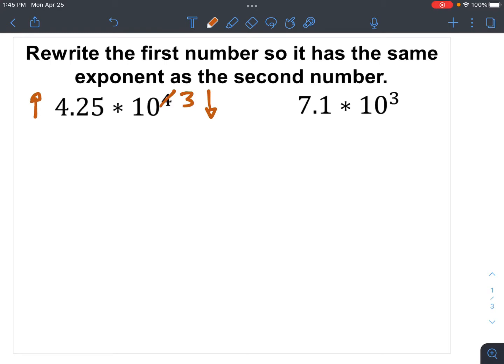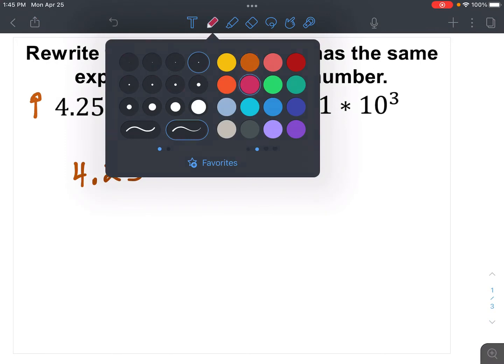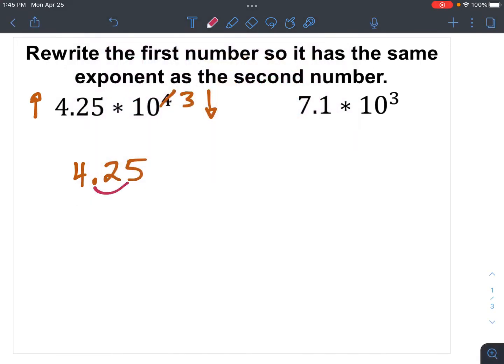So 4.25 times 10 to the 4th power: since the number had to increase and we're changing only one number for the exponent, we just have to go one place, and we're going to change 4.25 into 42.5.